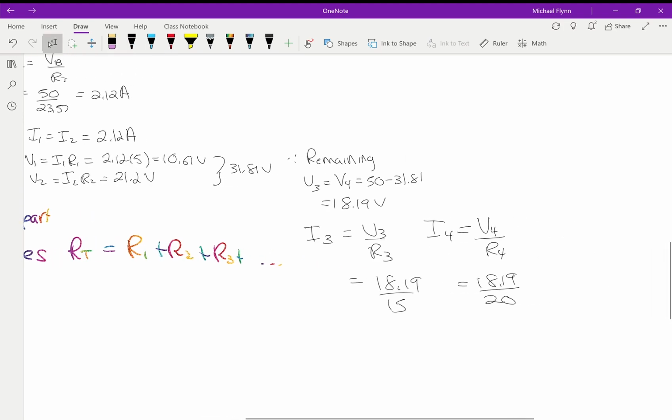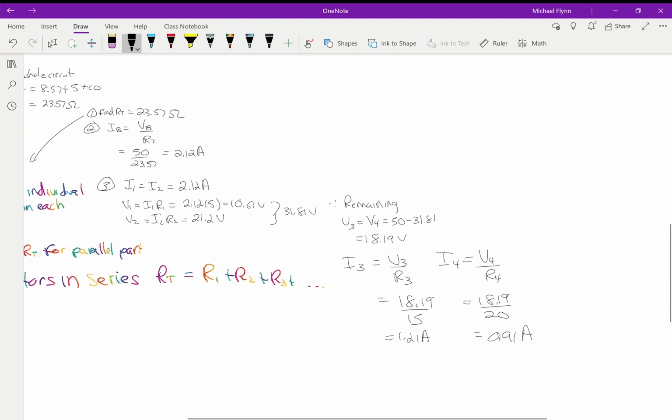Okay, so when I do that, I get 1.21 amps here, and over here I get 0.91. And when I add those two things together, I get 2.12 amps, which is what I should get.